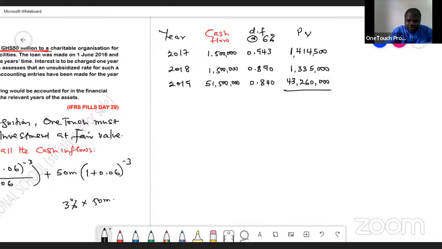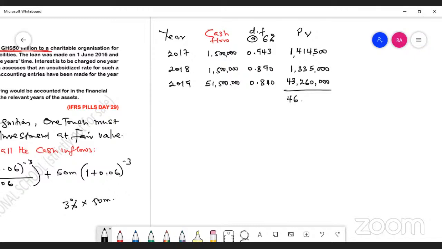When we add 1,335,000 plus 1,414,500, we get 46,009,500.